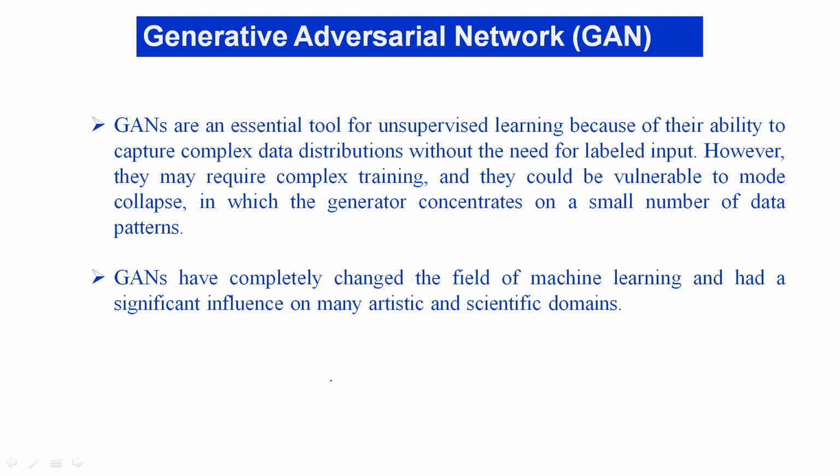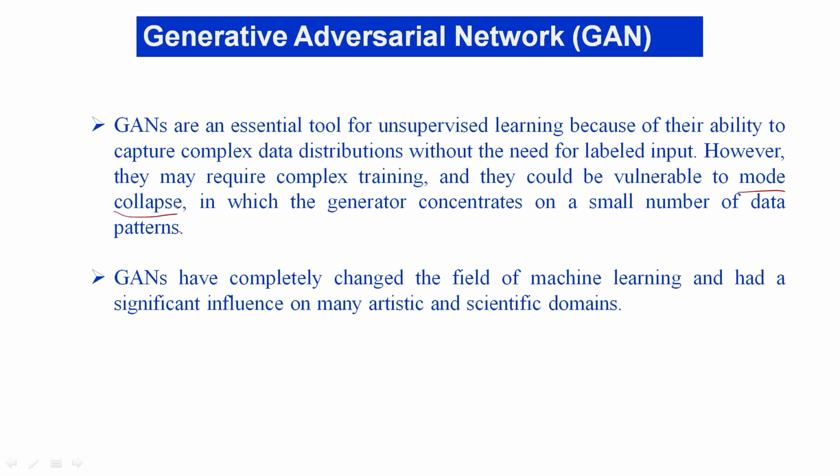So, GANs are essential tools for any unsupervised learning because they can capture the complex data distribution without any need of label input, but they require complex training because they can be vulnerable to mode collapse, in which the generator concentrates on a small number of data patterns. This is called mode collapse, which is very widely observed in GAN networks.